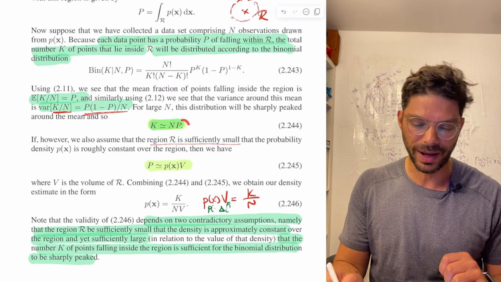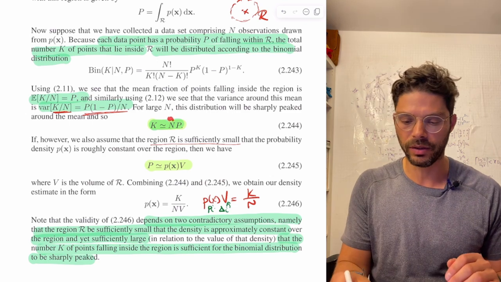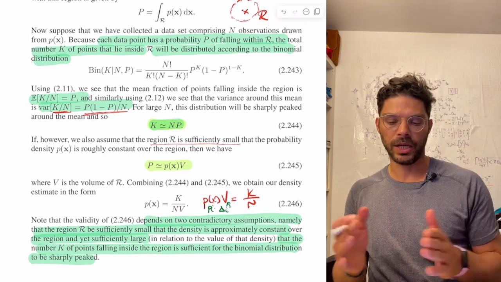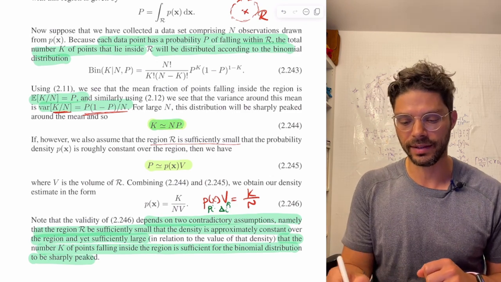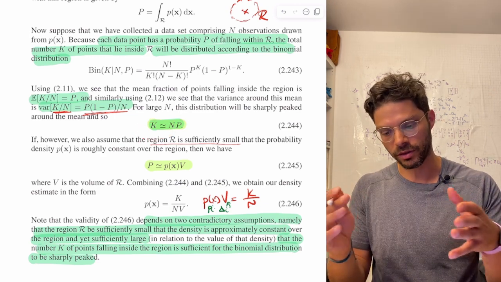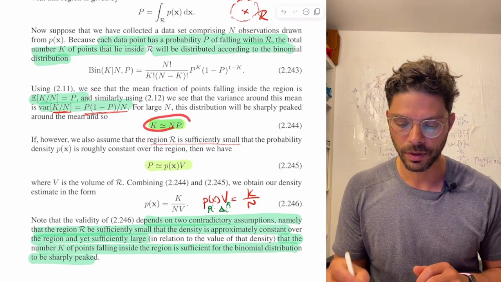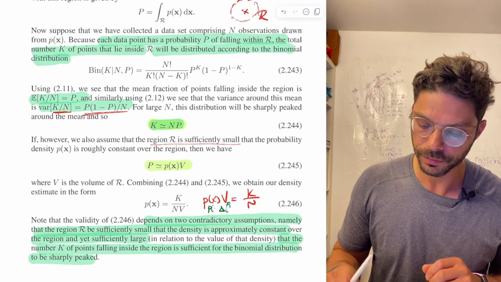I think if you have enough data points N, you're going to get a peaked distribution. So it's going to be a question of having enough points so that the distribution of points inside your region becomes sharply peaked. So not too sure about this statement. So let's just move on.